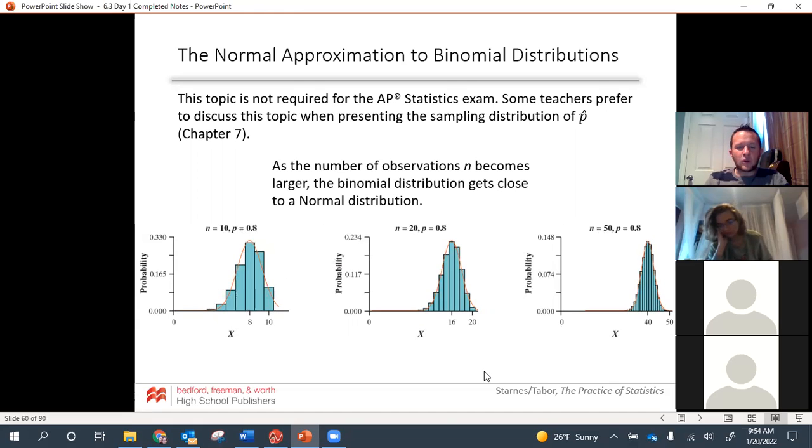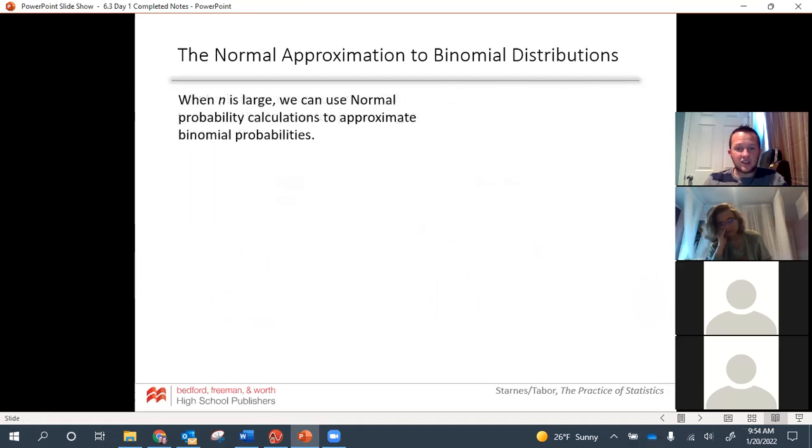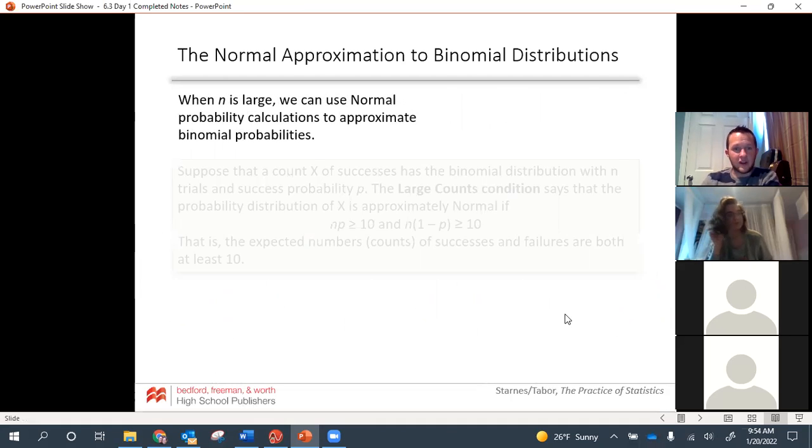So one of the things that we're going to hit really hard in chapter 7 is that with a larger sample size, our distribution looks more normal, okay? In chapter 6, it's not that big of a deal with binomial. That's actually not something that AP is testing on, but they will test on that with sampling distributions, which we'll see there.